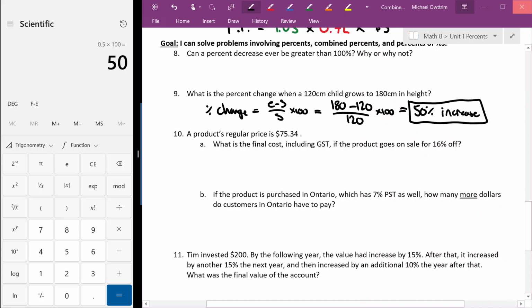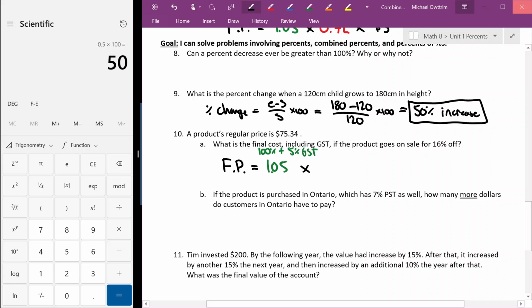Question 10, we have a product's regular price is $75.34. We want to know what is the final cost, including GST, if the product goes on sale for 16% off. So let's set up our final price equation. We know that vast majority of times it's going to start with 1.05 to take care of our 100% of our price plus our 5% GST.